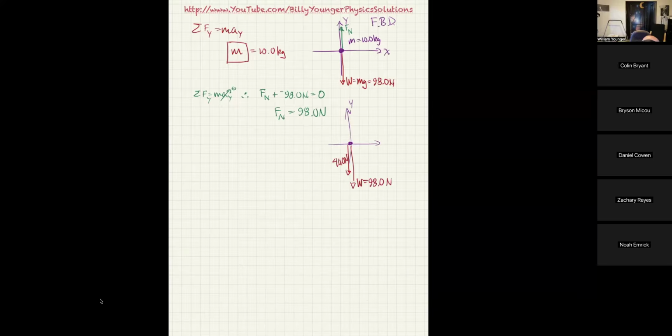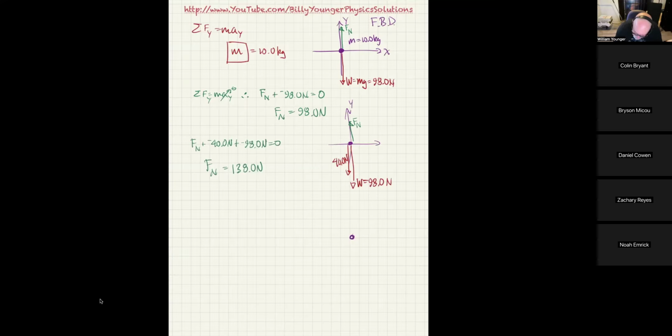Again, this is sitting on a tabletop, but someone's now pushed down on it with a force of 40 newtons. Now we can see that Fn plus negative 40.0 newtons plus negative 98.0 newtons is equal to zero. So we see the normal force is now 138.0 newtons.